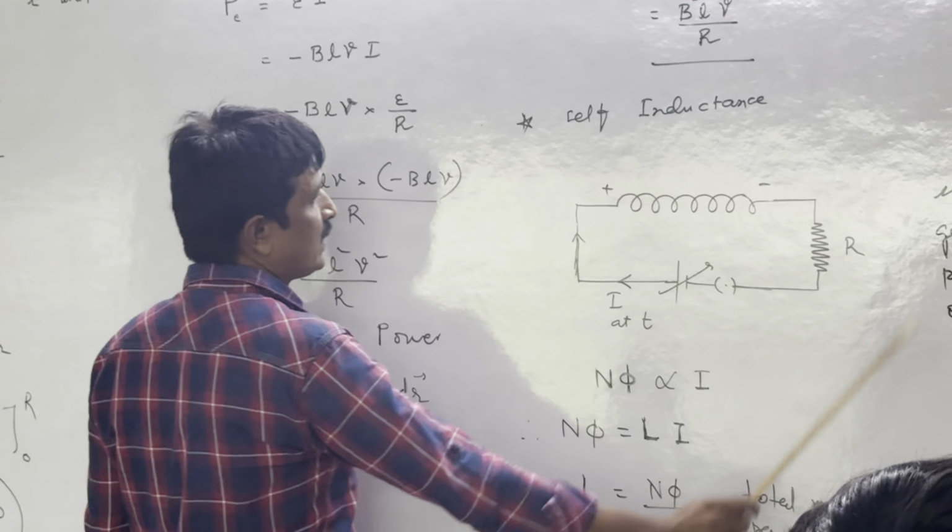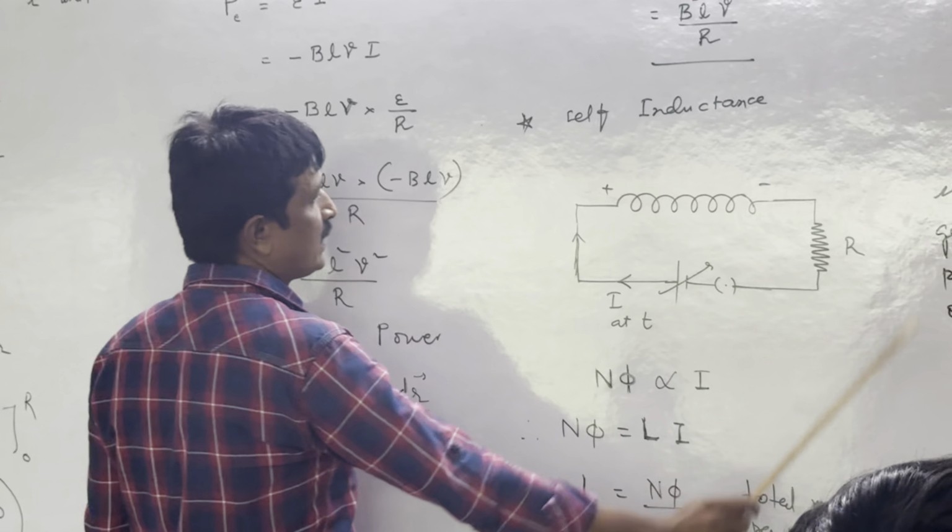Self-inductance of the coil. Suppose that somehow we are continuously changing the EMF of the source. So the current is also variable. So the flux changes. And so an EMF is generated in the coil, which opposes the actual source. If the current is increasing, it opposes the increase of current.